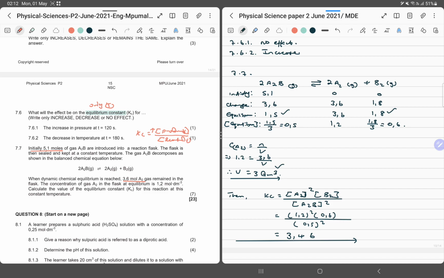So how many marks have we got here? 1, 2, 3. And then of course these concentrations were not given to us, we had to calculate them. So we've got how many marks now? 5 marks.